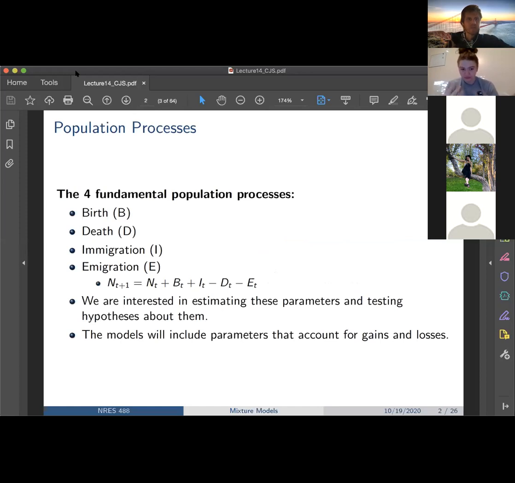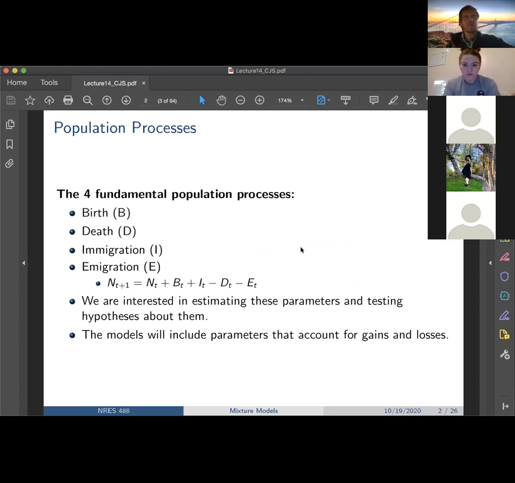There are 4 fundamental population processes in dynamic populations: births, deaths, immigration, emigration. And we can say the population size at time t plus 1 equals the population size at time t, plus the number of births into the population, plus immigrants, minus deaths, minus emigrants. So we are interested in estimating these parameters and testing hypotheses about them.